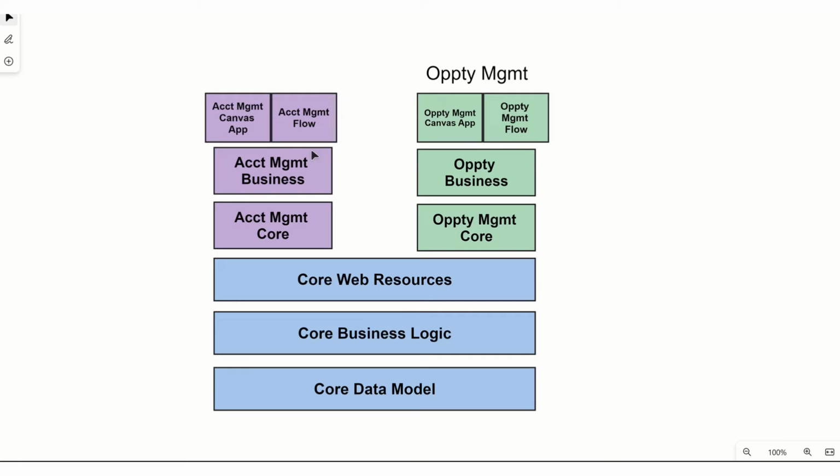And in this case, these may be two separate areas that have their own work streams. So what we're proposing is to figure out a logical boundary between opportunity and account, where they may share specific data model tables, data model relationships, what have you, but where there are clear boundaries.